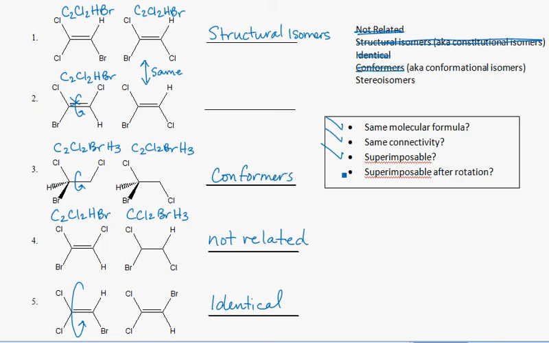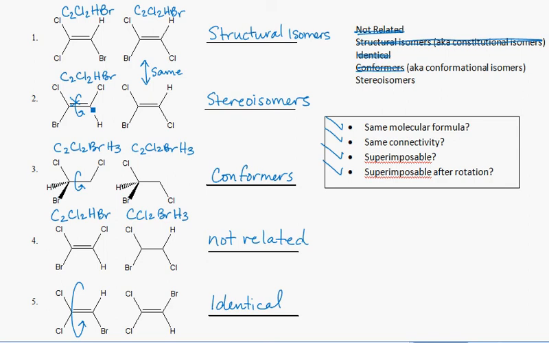We have asked the question, superimposable after rotation. The only remaining choice is stereoisomers. Stereoisomers have the exact same connectivity, and we determined that already. We have a carbon-carbon double bond with a chlorine and a bromine on the first, and then a chlorine and a hydrogen on the second. You can see, though, that the atoms are not arranged in the same three-dimensional space.